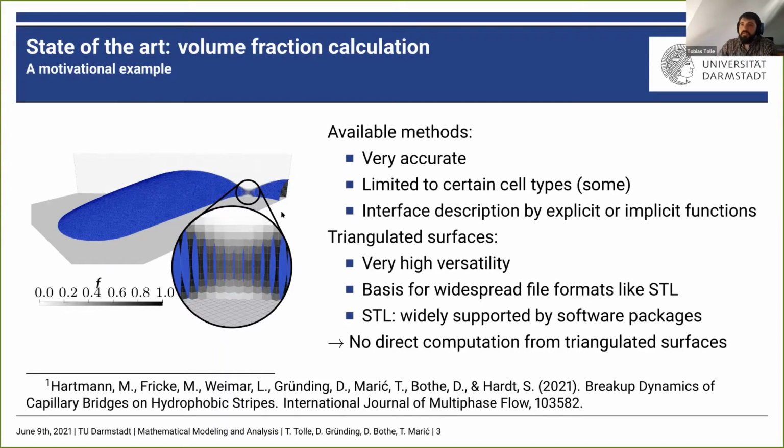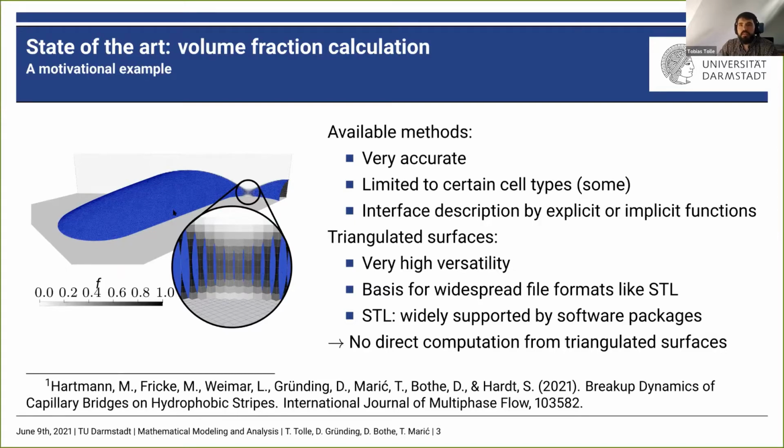However, what about the case when the interface is given as a triangulated surface, as shown here in the picture in blue? We have an example in our work group. My colleague Mathis Fricke wanted to simulate the breakup dynamics of capillary bridges and wanted to compare this to an experiment.